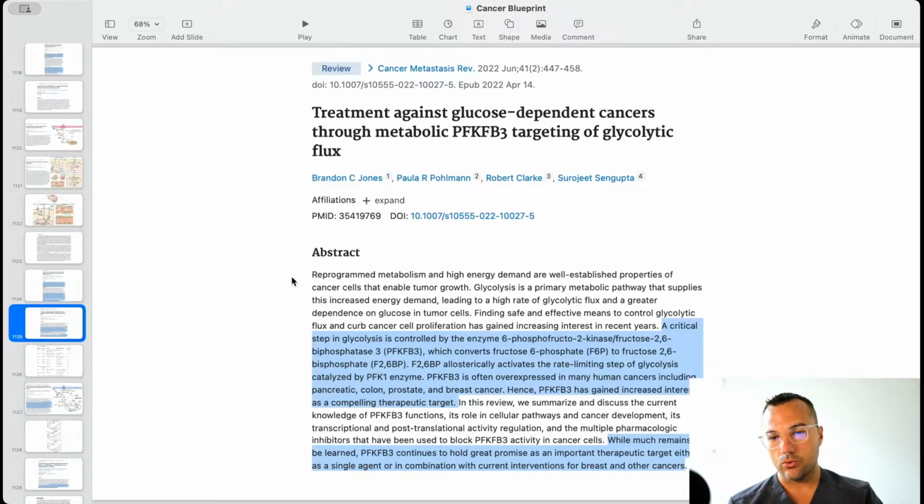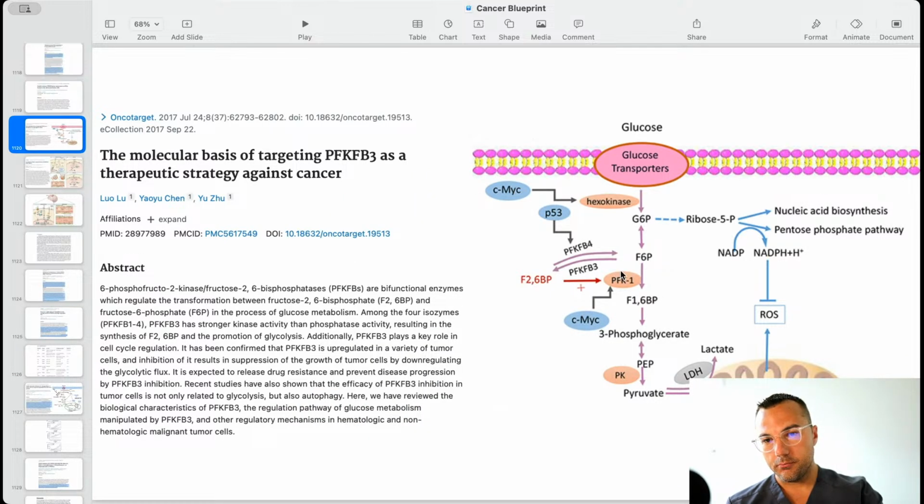F6P, to fructose 2,6-biphosphate. Fructose 2,6-biphosphate allosterically activates the rate-limiting enzyme of glycolysis catalyzed by PFK1. Remember, we have PFK1, which is a main rate-limiting enzyme within the glycolysis system, which is feed forwarding the Warburg effect in these cancer cells.